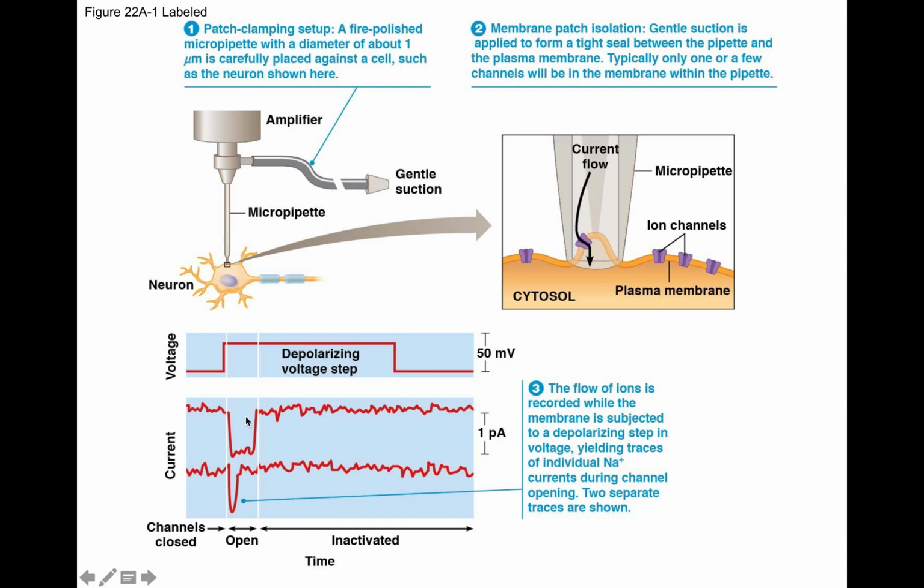But what does matter is that it's either on or off, usually. There's no halfway on or halfway off. So you get this burst of current, and then the channel is off, and you go back to background levels of current. Okay.